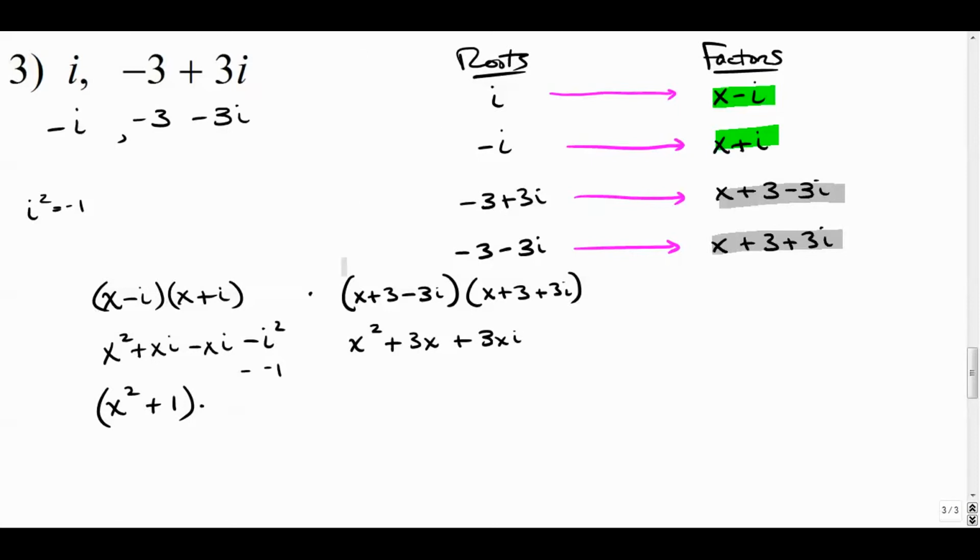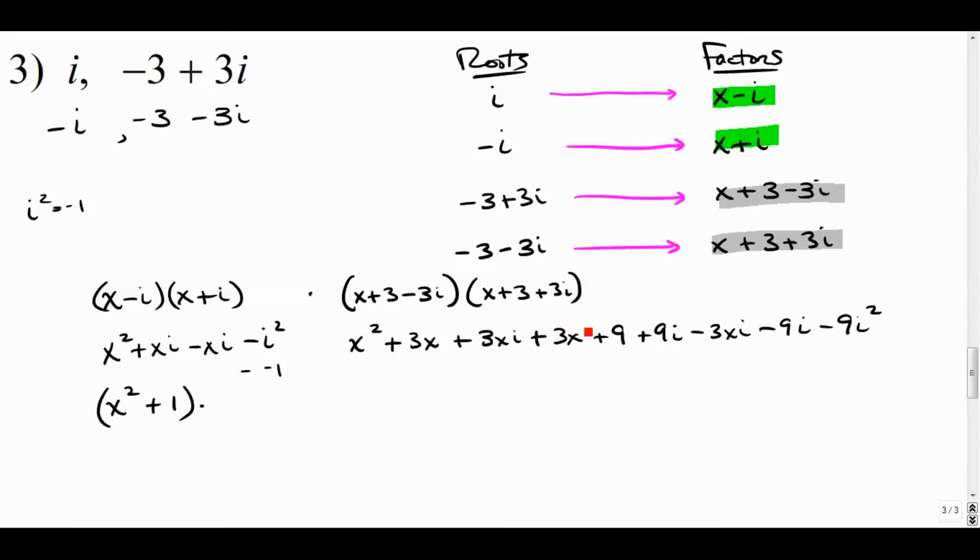What I'm doing here is taking this, multiplying it by all three of those, then taking this, multiplying it by all three of those, and taking this, multiplying it by all three of those. So we have plus 3x plus 9 plus 9i, negative 3xi minus 9i minus 9i squared.